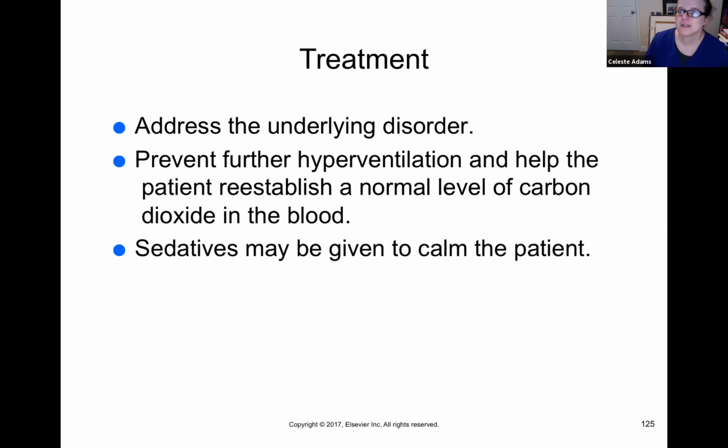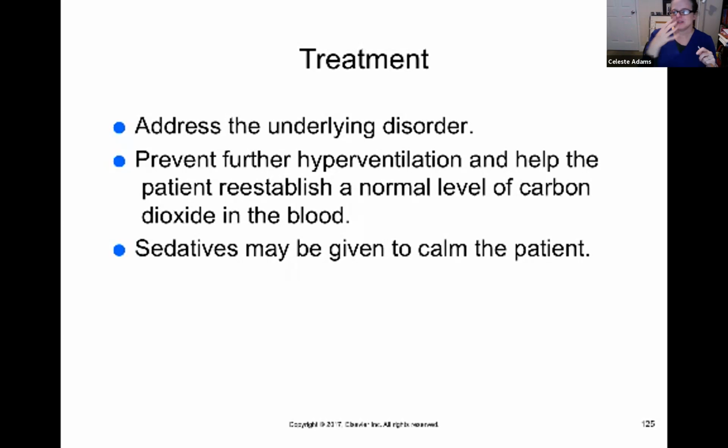What's a common thing you get somebody to do when they're hyperventilating? Breathe in a paper bag. Because you want that CO2 to go back into the lungs. You don't want it to go out into the atmosphere.